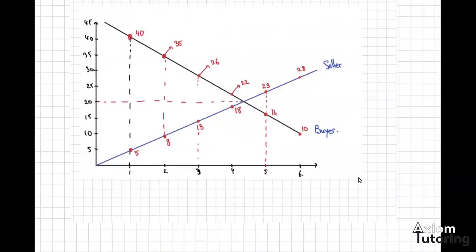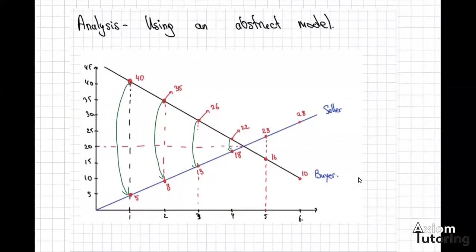And what's even more remarkable, while this happens with a little bit less predictability, is that the high valuation buyers tend to quickly match with low cost producers at some equilibrium price.